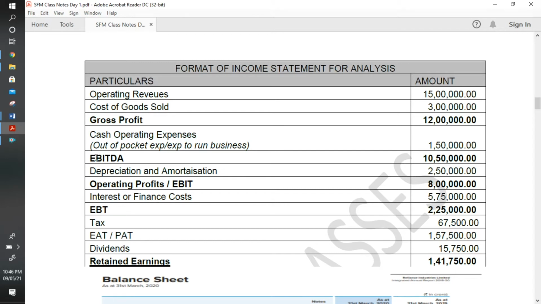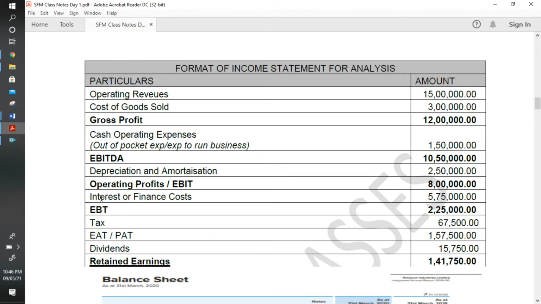It doesn't include depreciation and amortization, as they are not cash expenditure. So after deducting the cash operating expense, we arrive at EBITDA, which is the most used level of profit. From EBITDA, we reduce depreciation and amortization to arrive at the operating profit, which is also called EBIT.